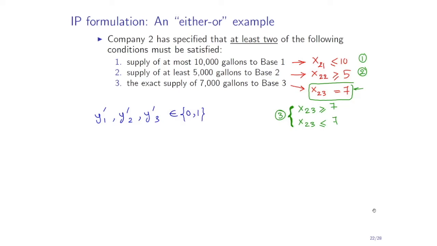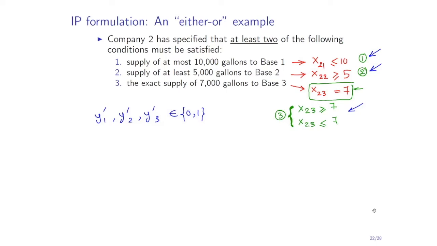Now I want to use y prime 1 on this one, y prime 2 on this one, and y prime 3 on this one, such that if the corresponding binary variable takes on a value 1, that constraint becomes redundant.